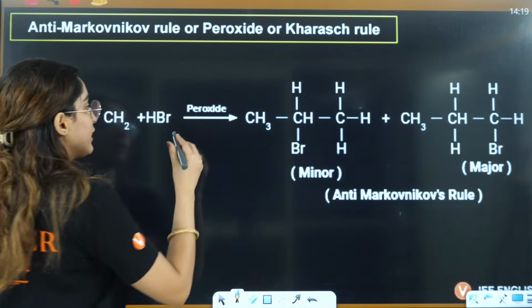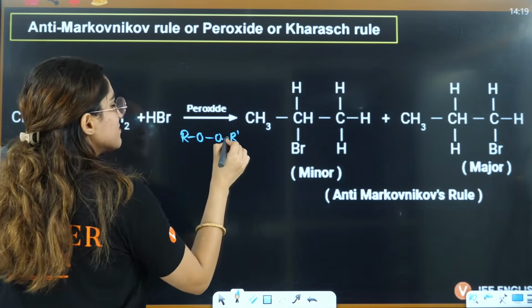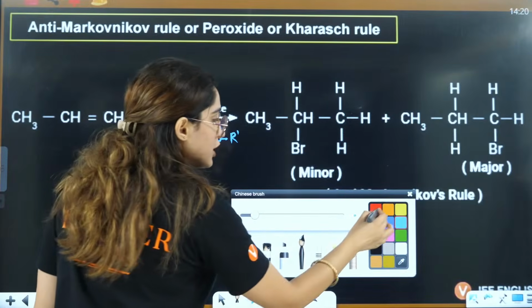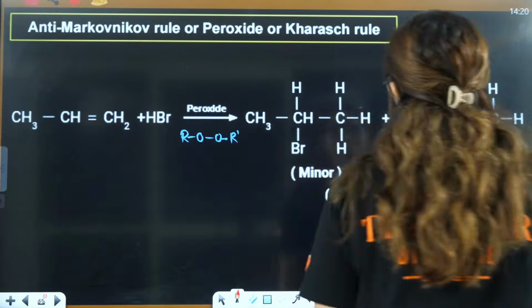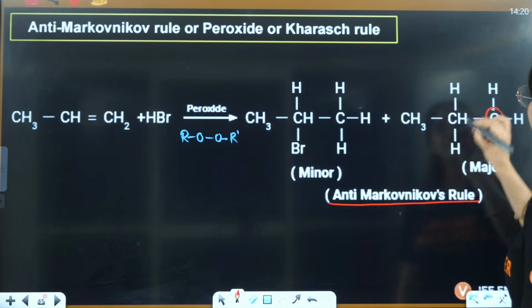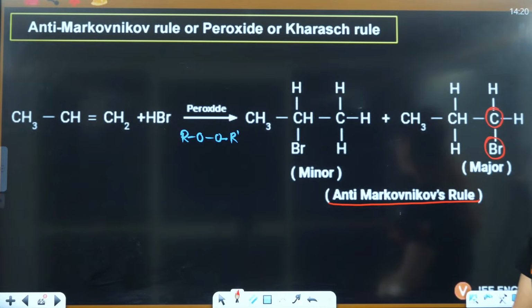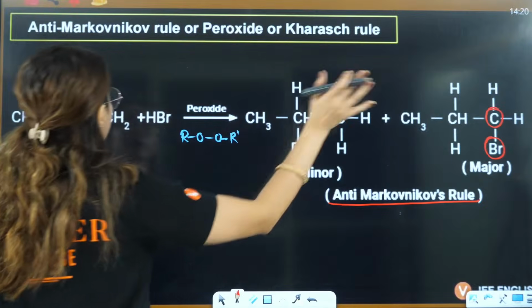Now if you use peroxide here, peroxide means a compound with this kind of bond, ROOR. The mechanism is not important for you here. What is important is that the anti-Markovnikov product is formed, where Br is attached to the carbon with more number of hydrogens.